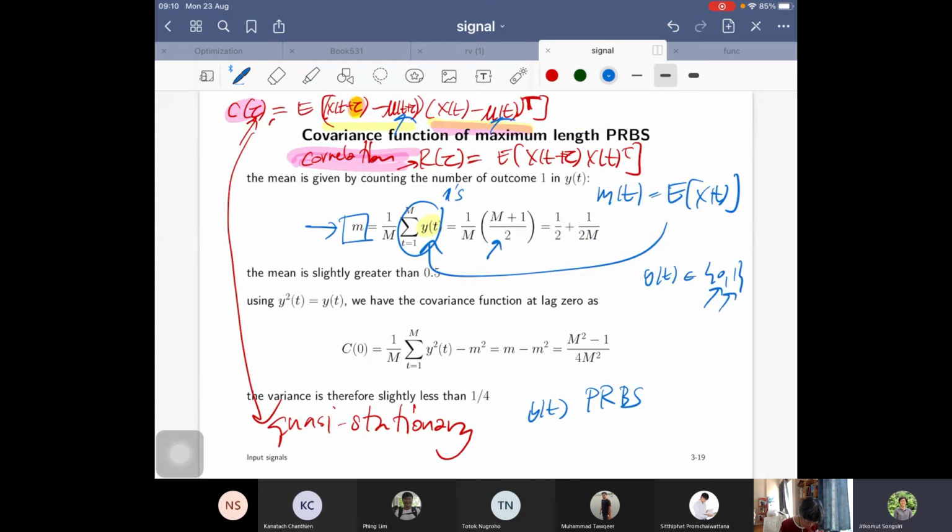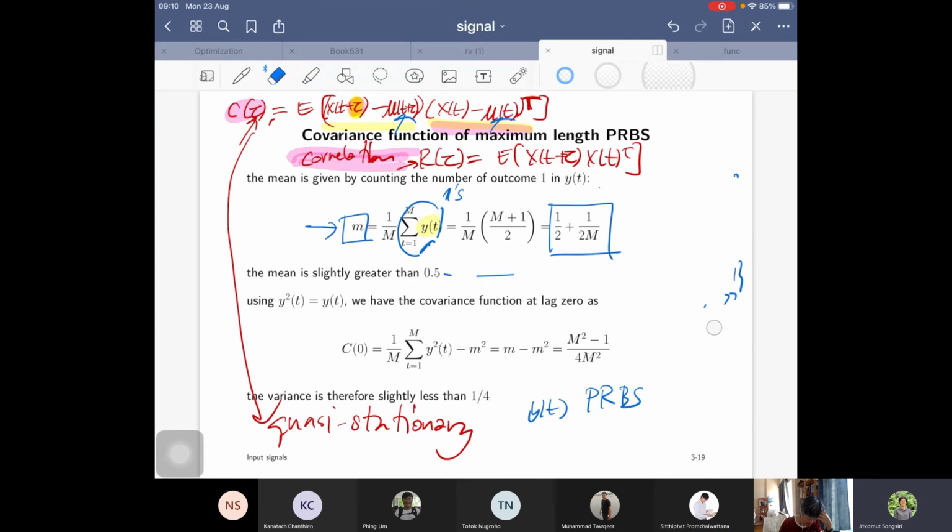You put it back here, arrange it a little bit, and the mean can be expressed as 1/2 plus 1/(2M). Does it make sense? y_t is either 0 or 1.